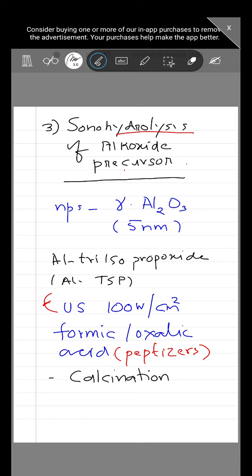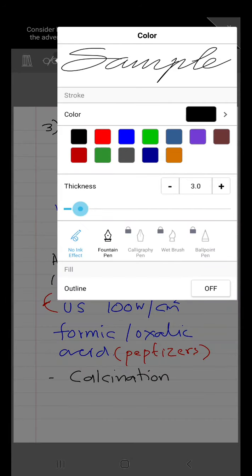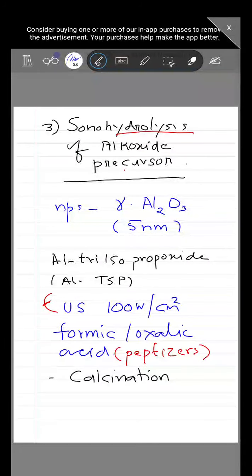So it is also called an ultrasound driven cavitation process. Write it as ultrasound driven cavitation process.